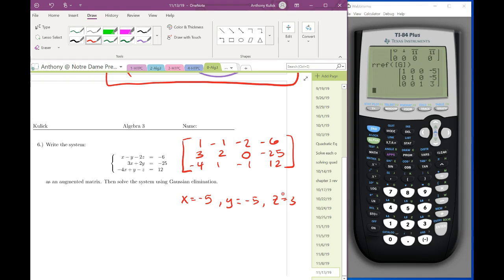So just to be clear here for everyone, when it comes to test time, will you have to be able to use your calculator to do these? Yeah, my plan, at least in my head right now, is I would probably only ask you to solve one 3-variable system and one 2-variable system by hand, because that's a time-consuming process. But I might ask you to solve lots of other systems using your calculator, because that's much, much faster, right?